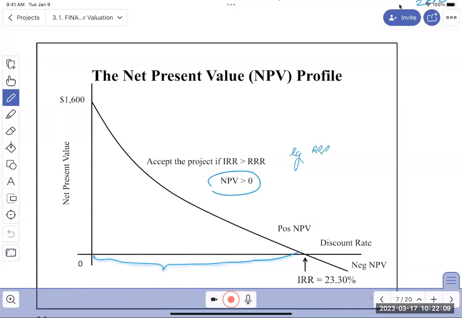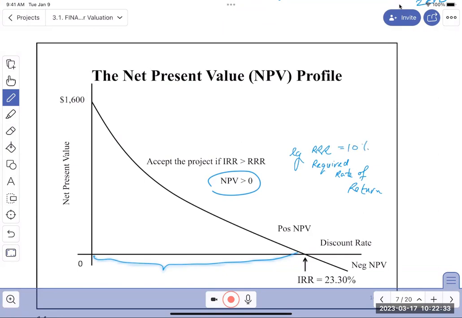So RRR stands for required rate of return. It's the opportunity cost, the cost of capital. These are the terms we use for it for a project. It acts like the interest rate in the formula.